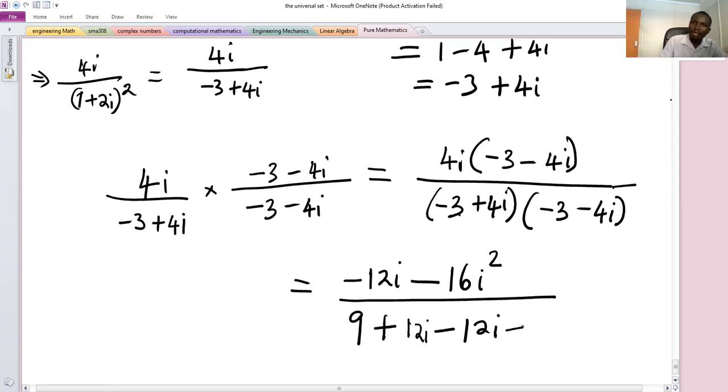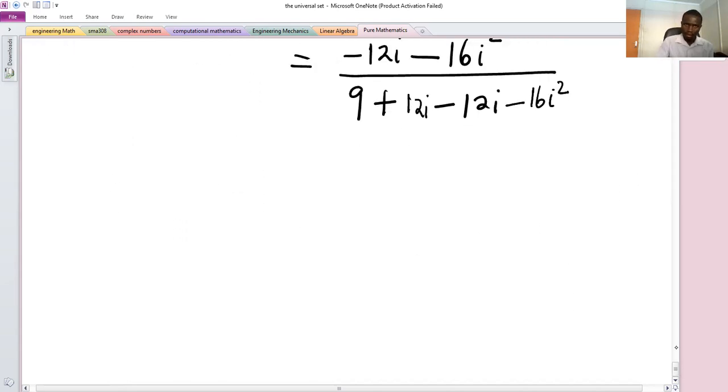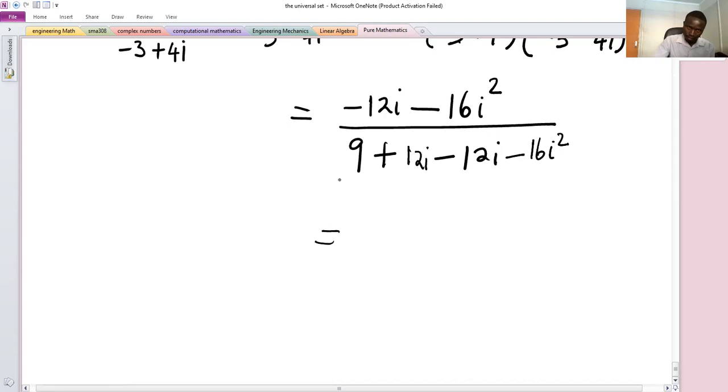Plus minus is minus, 4 by 4 is 16, so i squared. Remember, i squared is negative 1. So negative 1 times negative 16 will be positive 16. In the denominator, the 9 and the minus 16 terms, the i terms will cancel out.